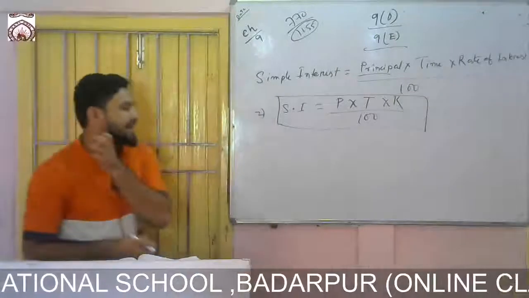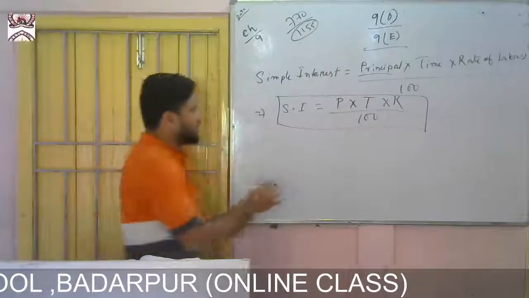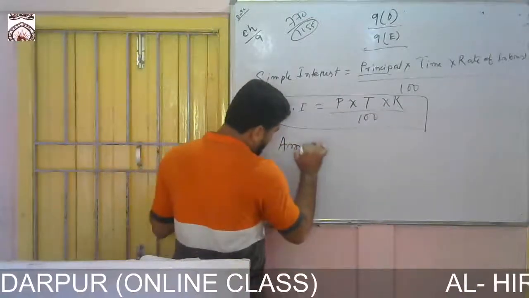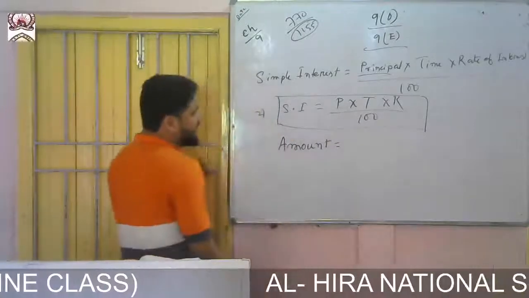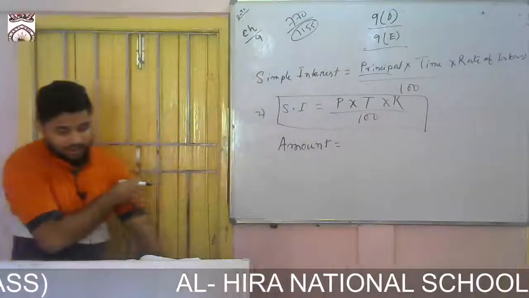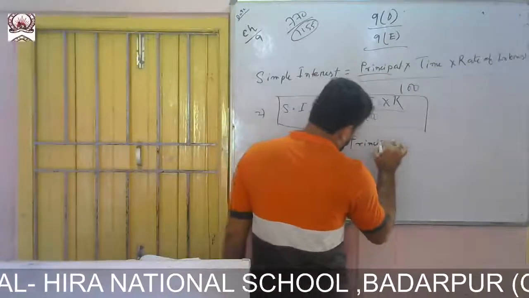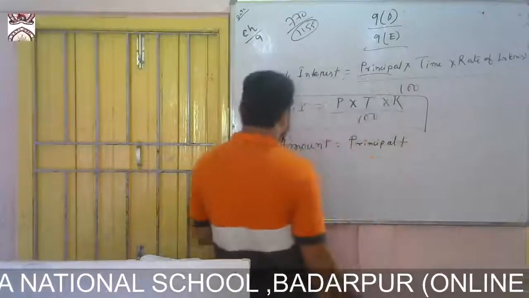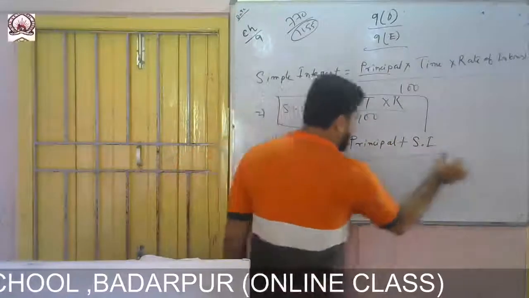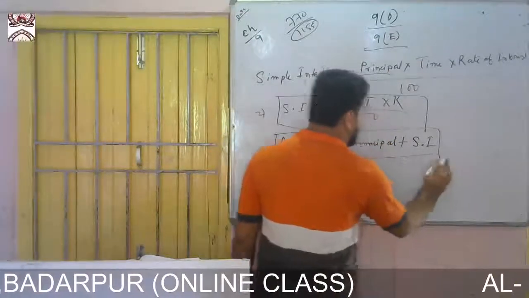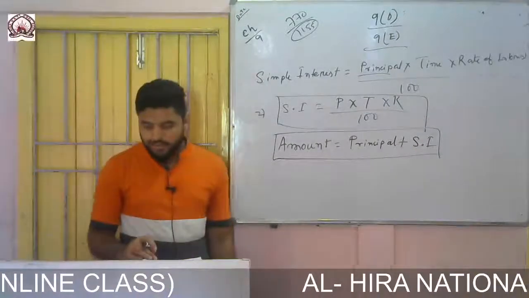Another thing we will find is the amount. How to find amount? The amount formula is principal plus simple interest, SI. You write it in your notebooks and remember this formula.